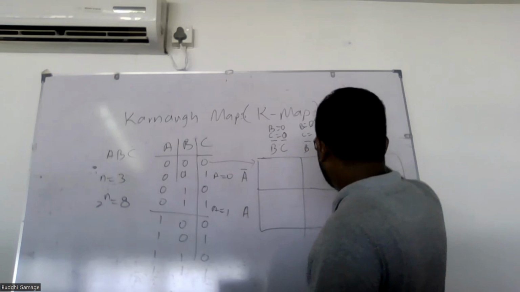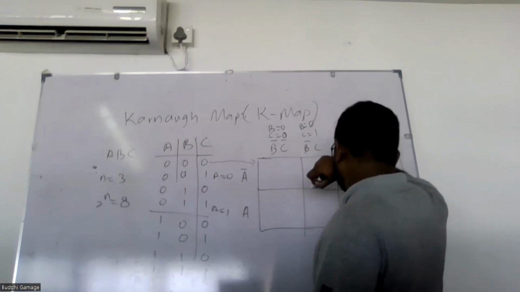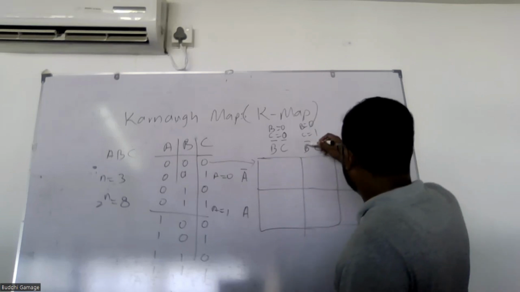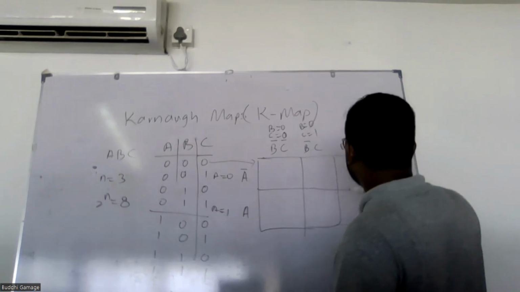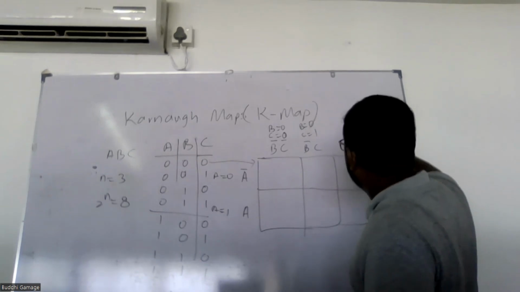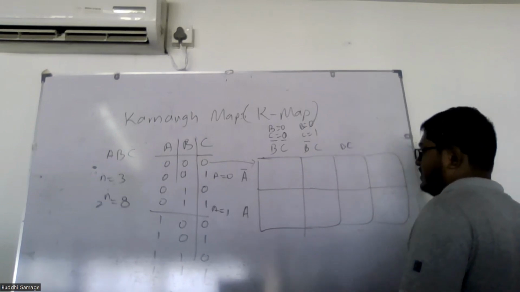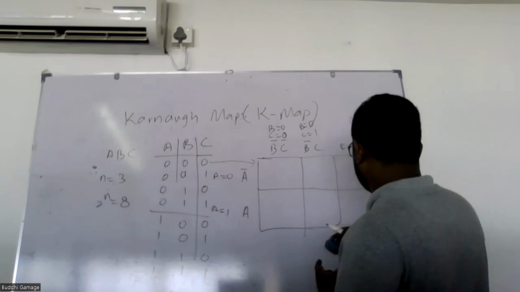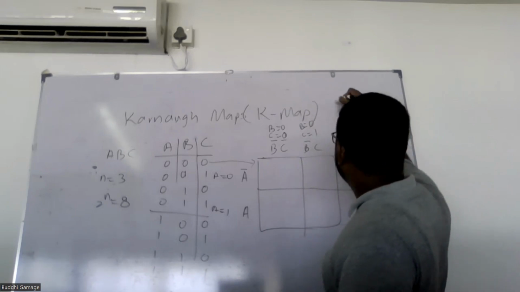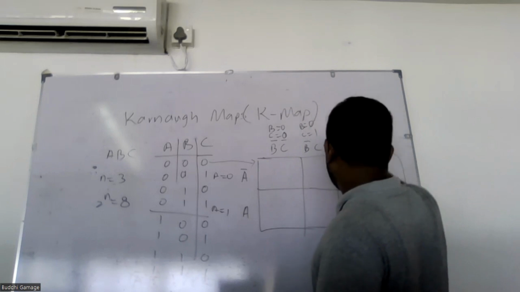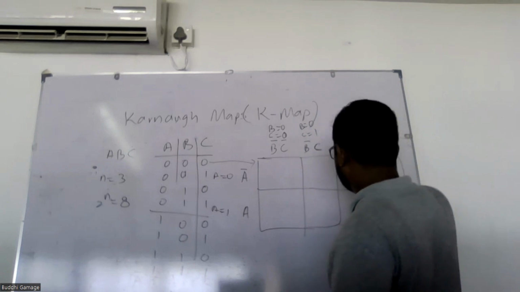And here we can only change one variable again to the adjacent cell. So here it should be BC. We cannot write B C bar, because then it will give a wrong answer for our table or K-map. You can only change one variable at a time. Since we already changed C in this one, we can change B, so it is BC.